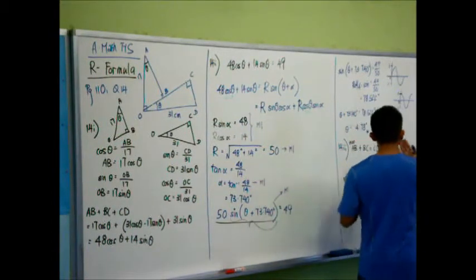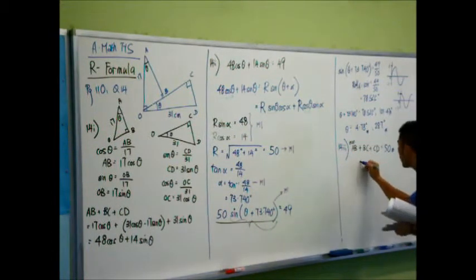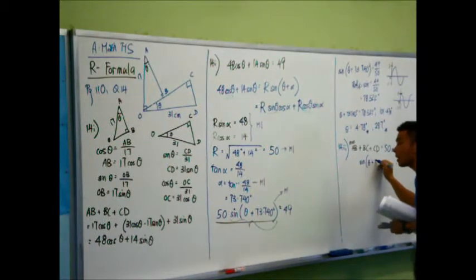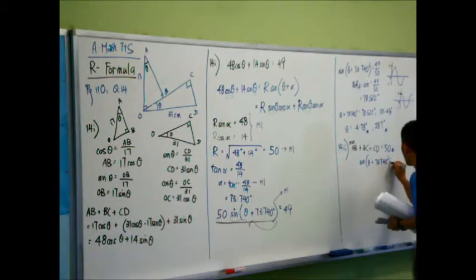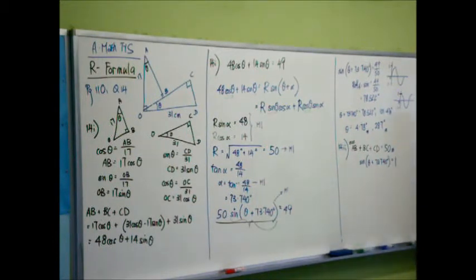Now the next part is, how do we know this is going to be 50? Because you want your sine to be equal to 1. All agree? We take our sine to be equal to 1 because there are 3 critical values you can adopt, but most of the time it is 1. Now, can we solve for theta? Because we need to know what is the value of theta over here.